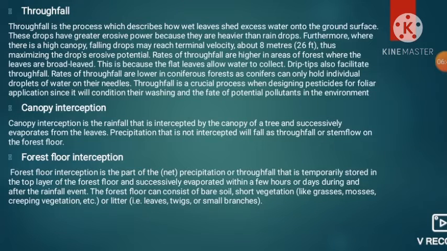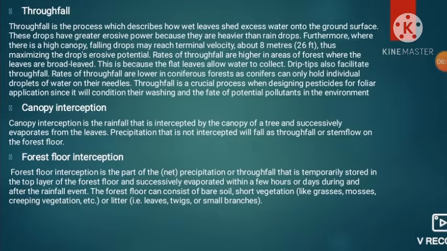Canopy interception. Canopy interception is the rainfall that is intercepted by the canopy of a tree and successively evaporates from the leaves. Precipitation that is not intercepted will fall as true fall or stem flow on the forest floor.